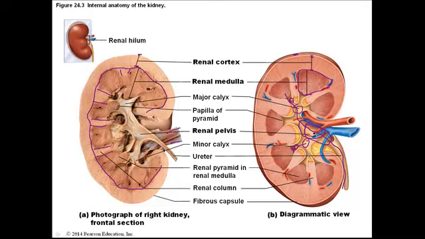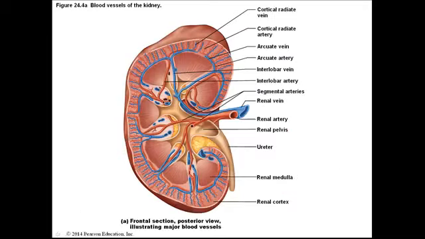So blood flow comes in the renal artery, and then it starts branching into segmentals, and it's going to go to each of these pyramids, and we'll follow those through. So if you can see, the renal artery comes in and it branches into segmental arteries, which will go to each of these segments.